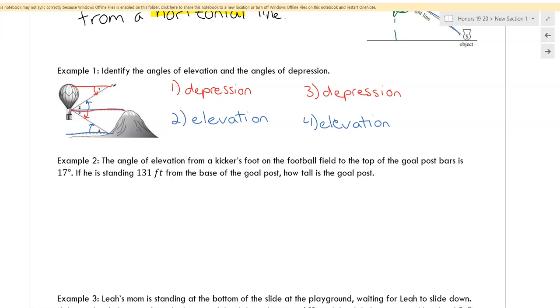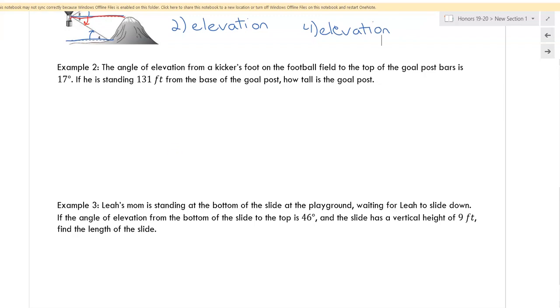Most of the times we'll have to draw our own pictures for these word problems, but once you have the picture drawn, it's exactly what we've been doing for the past 3 days. If you have a good picture, you should just be able to solve. The angle of elevation from a kicker's foot on the football field to the top of the goalpost bars is 17 degrees.